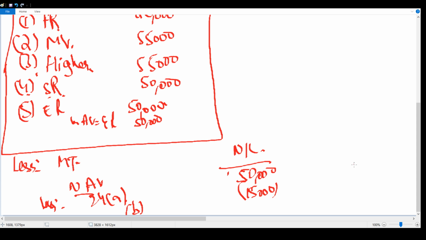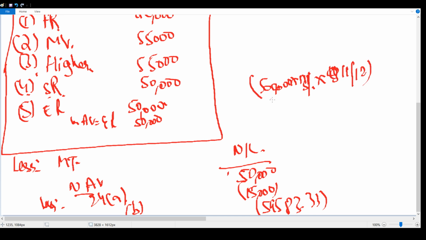It would be 53,... Now how did this amount come? 5 lakh into 11% into 13% into 11 by 12.